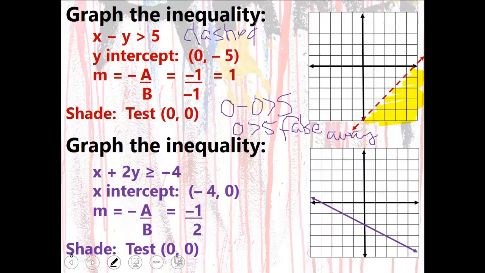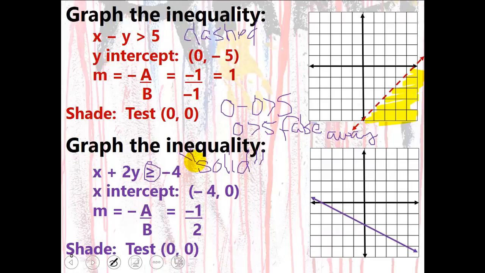The second inequality, I used an example that we previously did. This inequality symbol has the equal part to it, so I'm going to use a solid line. I have that drawn. This is the information that I used to draw it. Now I'm going to test a point. I'm going to test (0, 0).